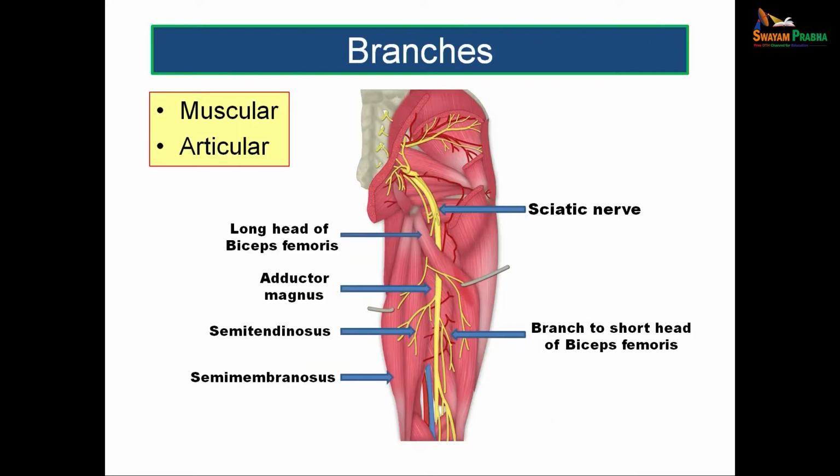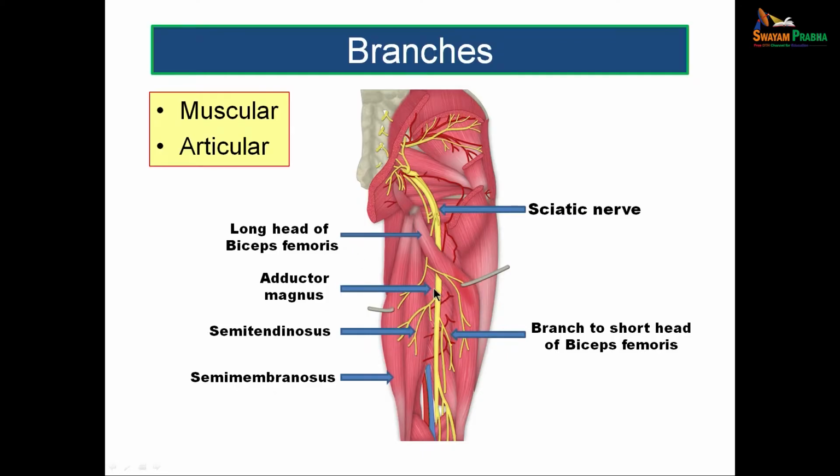Now, let us look at the branches given off by the sciatic nerve. Usually, it gives muscular and articular branches. It gives an articular branch to the hip joint. The posterior surface of the capsule of the hip joint is supplied by this branch. Otherwise, it gives muscular branches to the muscles present in the back of thigh.